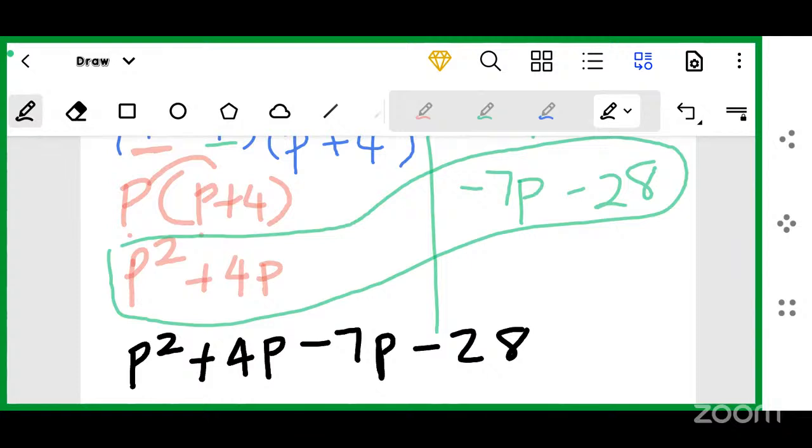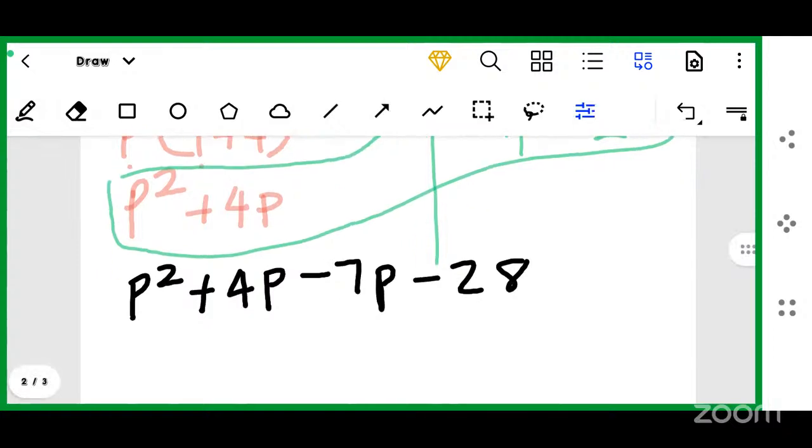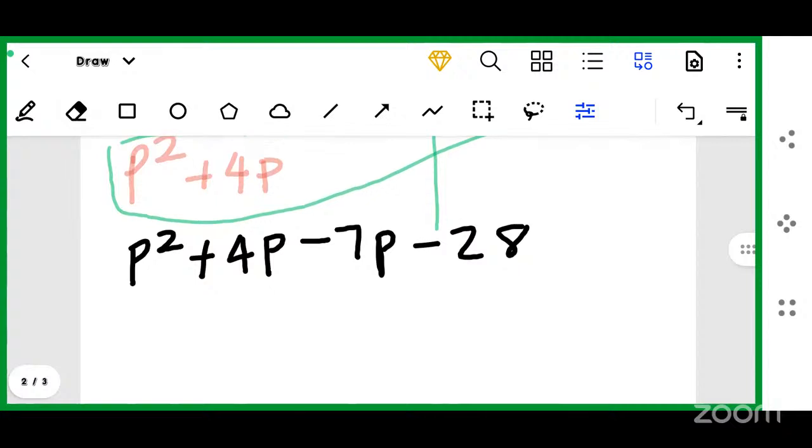Do we have any like terms that are to be added or subtracted? Ma'am, the like terms are 4p and negative 7p.